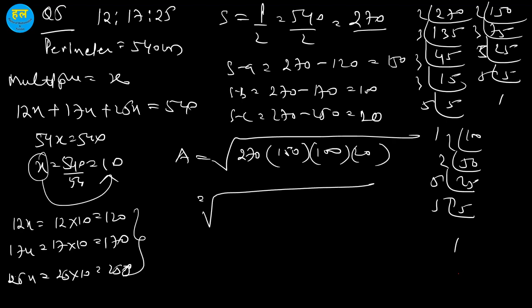So what we get here is 2 into 3 to the power 3 into 5, into 2 into 3 into 5 to the power 2, then 2 to the power 2 into 5 to the power 2, then 2 to the power 2 into 5.